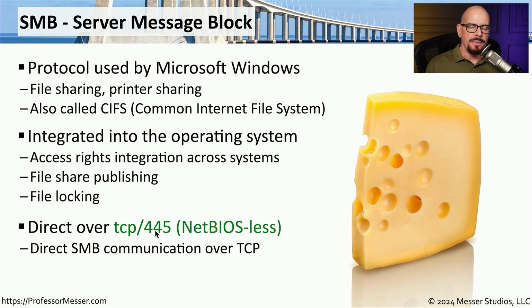Early versions of Microsoft Windows used the NetBIOS protocol to be able to facilitate this communication, but most modern versions of Microsoft Windows communicate directly across the network using IP, and TCP port 445 is the one that is usually associated with Server Message Block, or SMB.